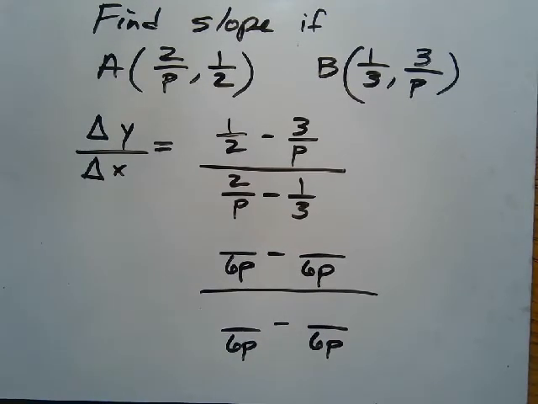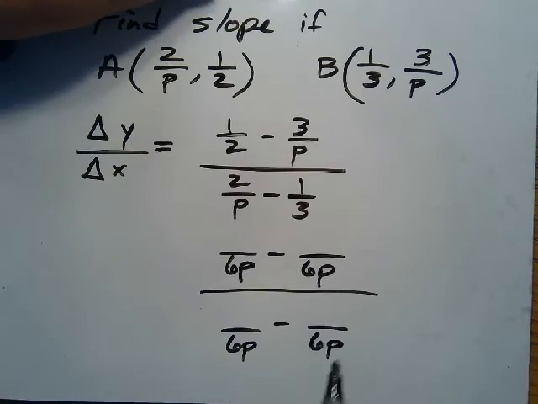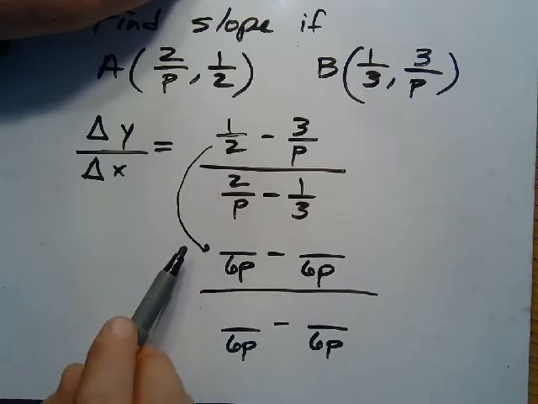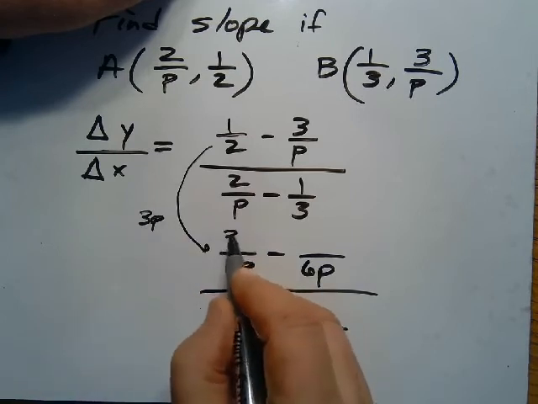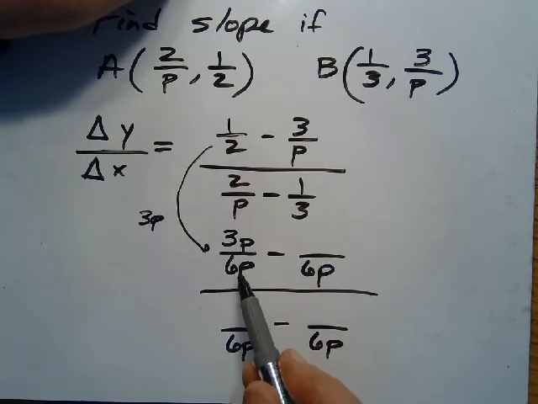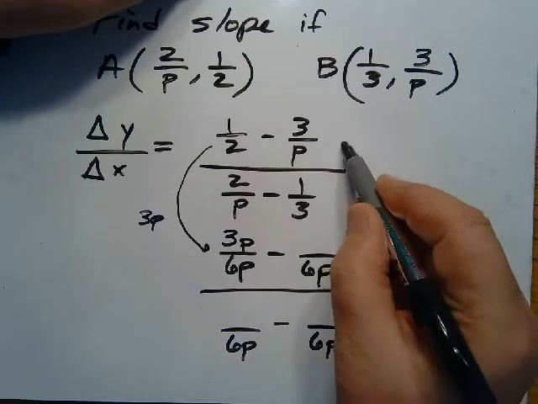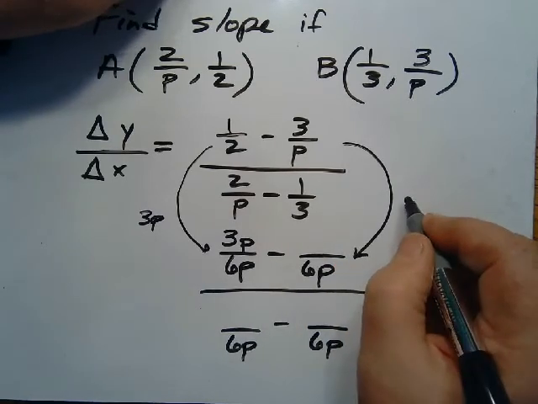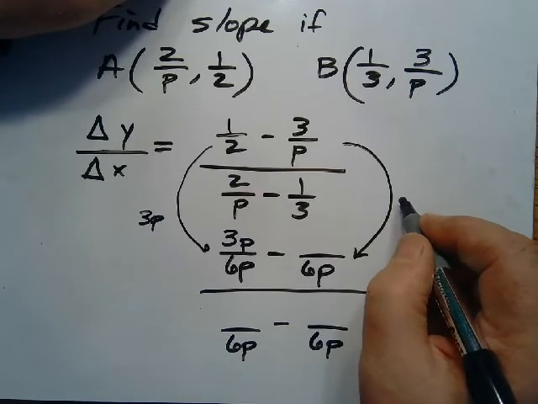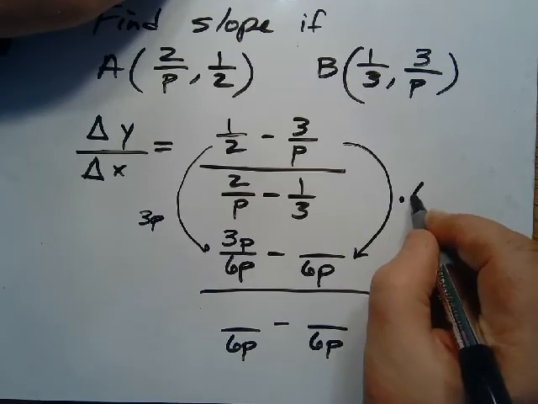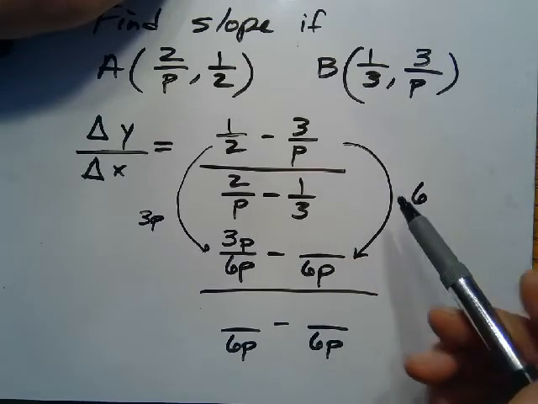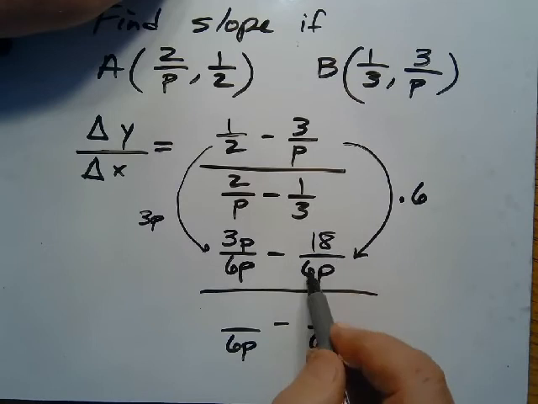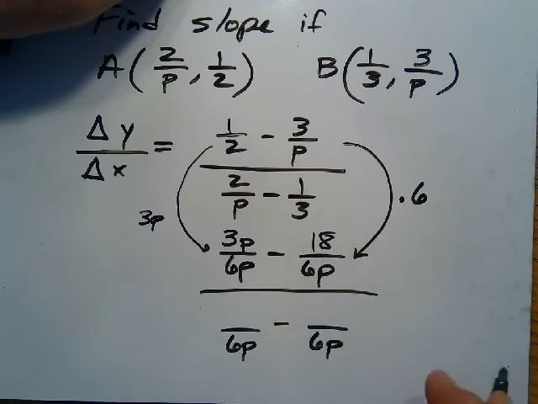Okay, if the denominators are all 6p, then what did I have to do to get from here to here? Well, I had to multiply the bottom times 3p, so the top has to get multiplied times 3p. And you can see if I reduce that, I get a half, and that's right. Here I had to multiply the fraction by 6, just 6. 3 times 6 is going to be 18. 18 over 6 is 3, that's right, and there's still a p on the bottom.